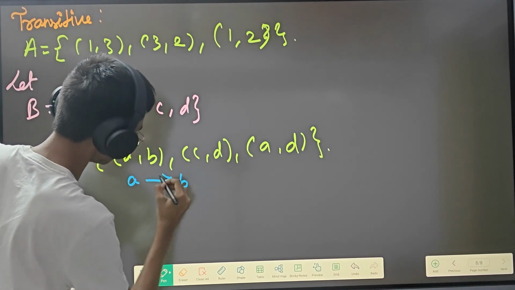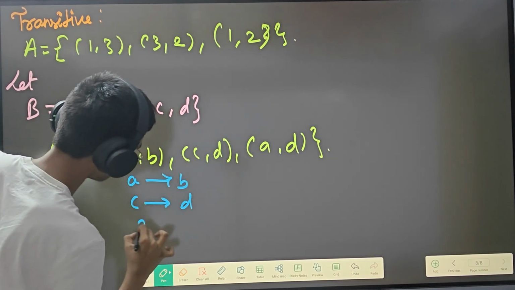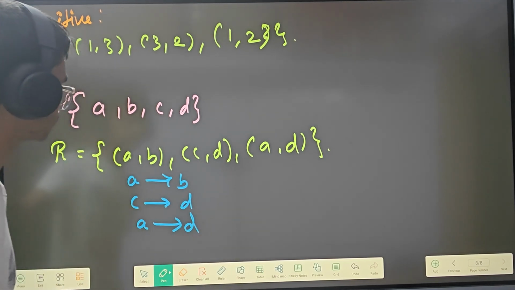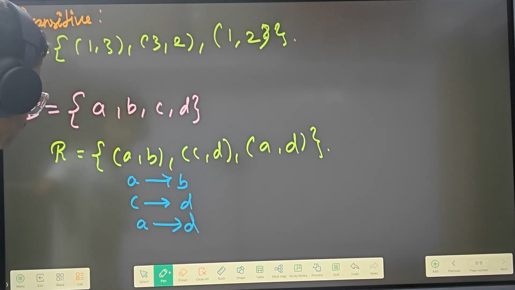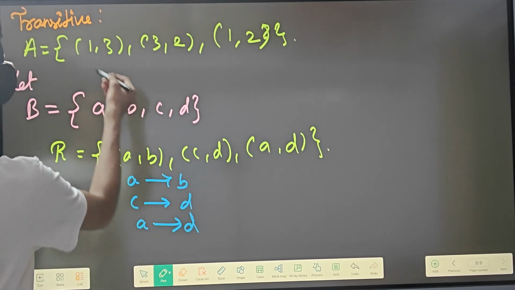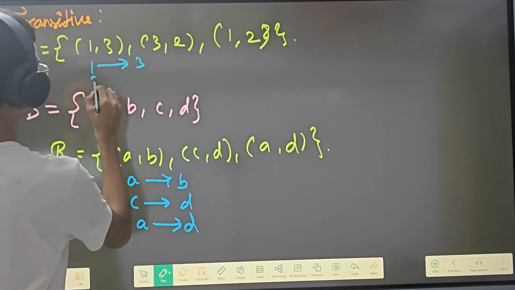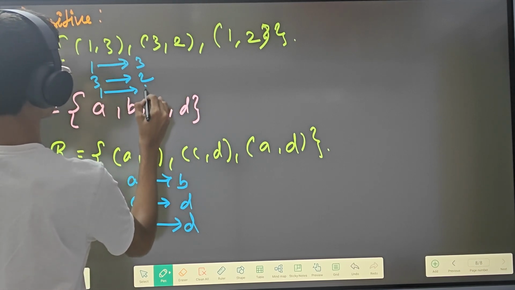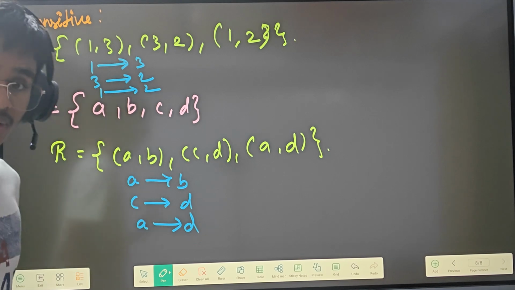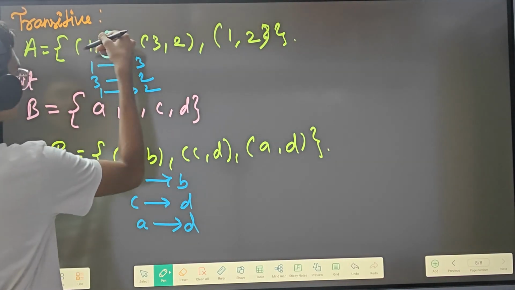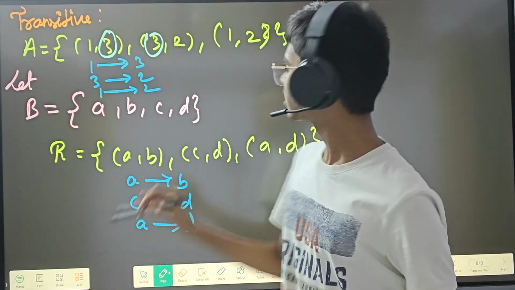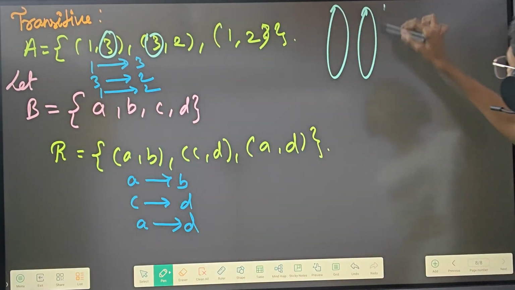A is related with B, C is related with D, A is also related with D. You check: 1 is related with 3, 3 is related with 2, then 1 should also be related with 2. Only if 3 is in the range in one place and in the domain in another place, then it is applicable.